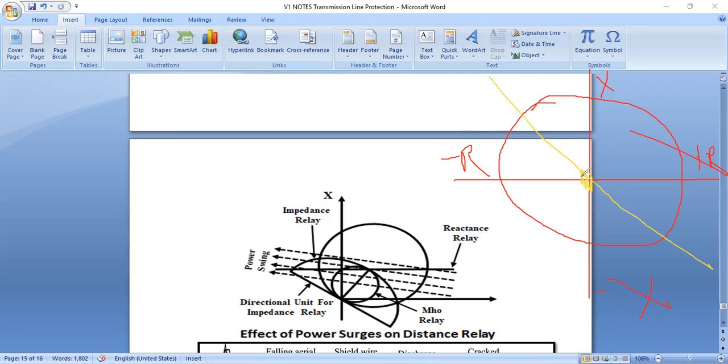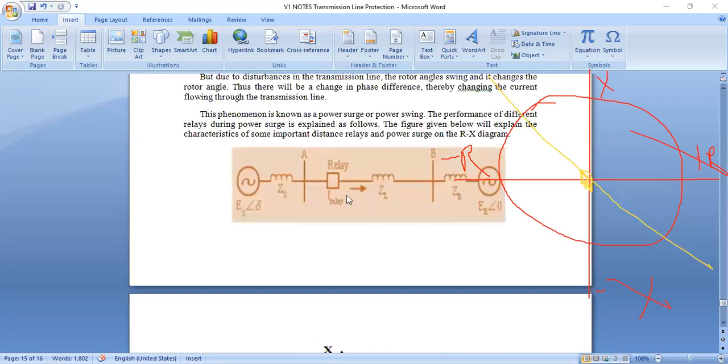The impedance of the transmission line is Z2, the impedance of A to B. To the impedance of A to B, you have to add the impedance of the generator on the backside. So this is nothing but ZS and ZR. So the locus will pass through the electrical center.